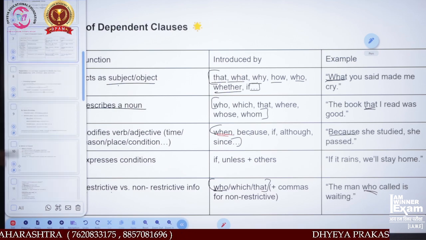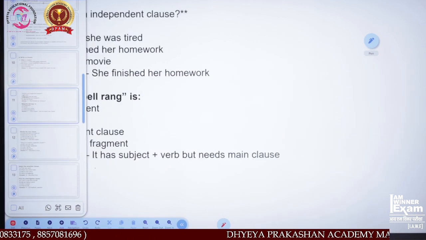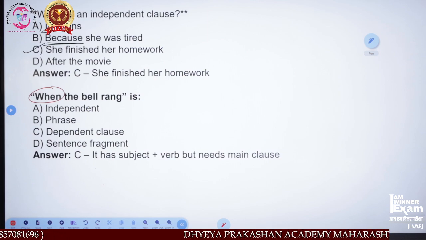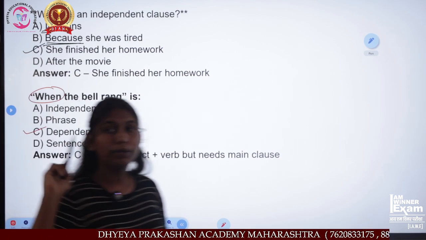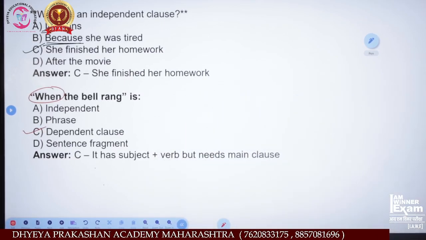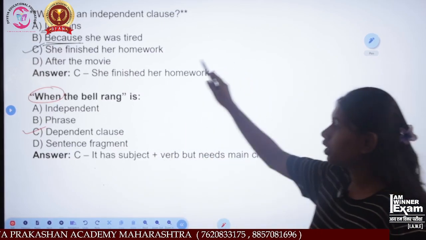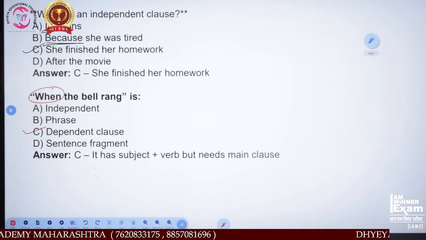Adverbial clause is a type of dependent clause, right? So it comes under the dependent clause. So your correct option will be option number C, that is dependent clause.